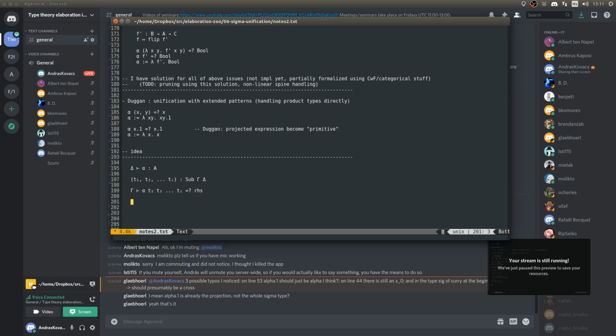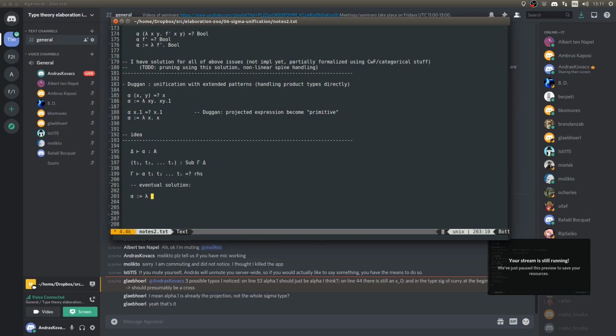Okay, but now if we are looking at the eventual solution, if there is a solution, then it always looks like alpha should be the same as lambda. And if we have De Bruijn levels, then this is just 0, 1, 2, up to i, and dot, and here we have the right-hand side, which is substituted with an inverse kind of substitution.